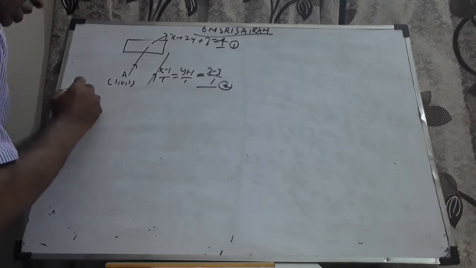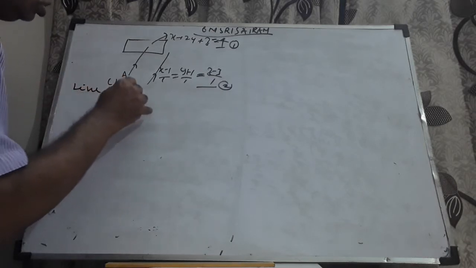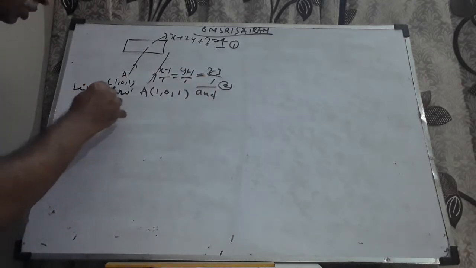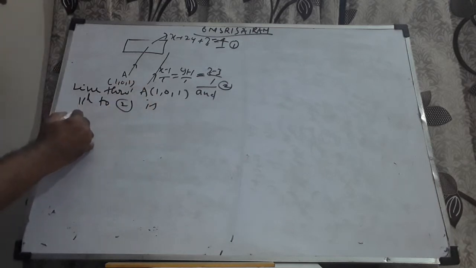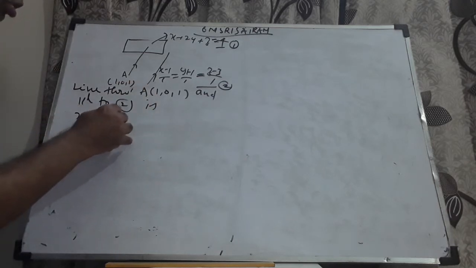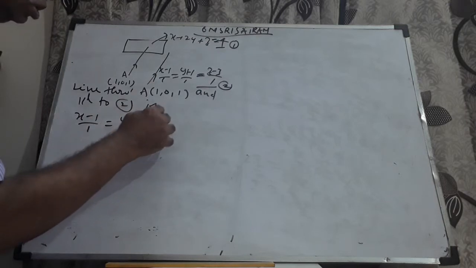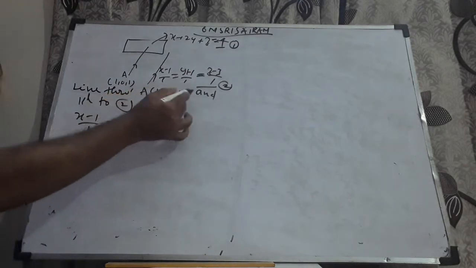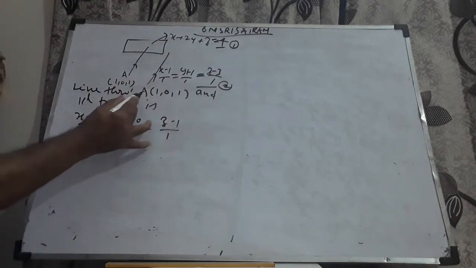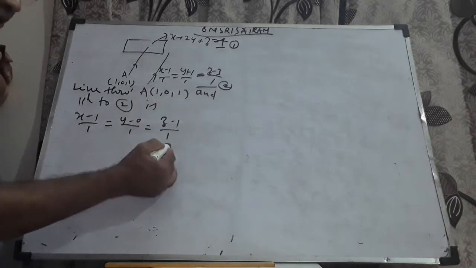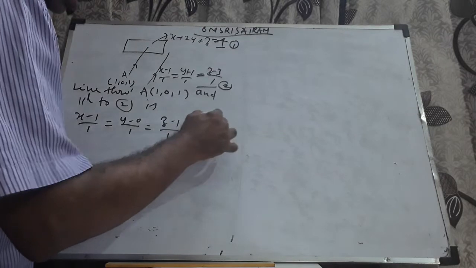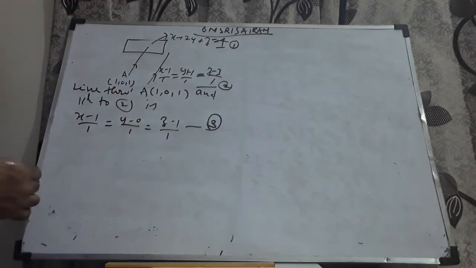Line through A(1, 0, 1) and parallel to 2 is (x - 1)/1 = (y - 0)/1 = (z - 1)/1. Instead of (1, -1, 3), I'll write it as (1, 0, 1). The denominator should be the same. That's the real meaning of parallel. The DRs are the same if I use the same denominator.